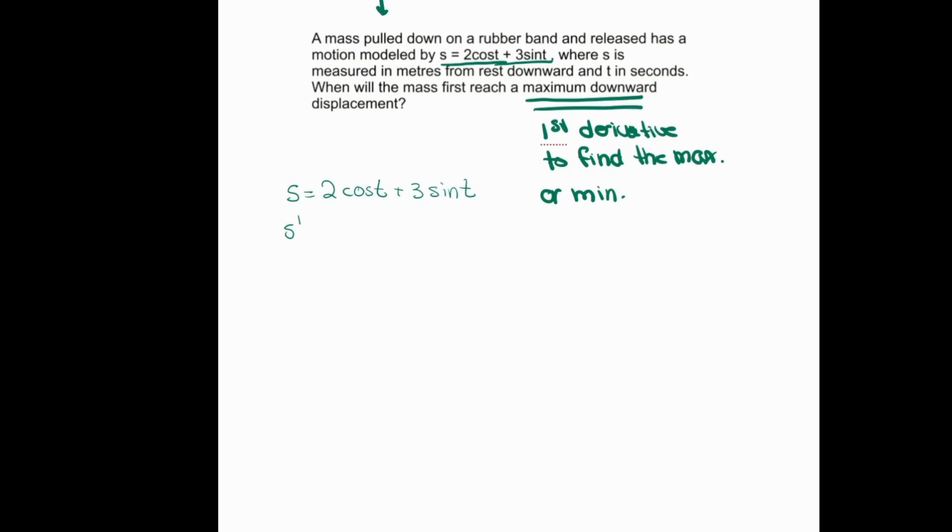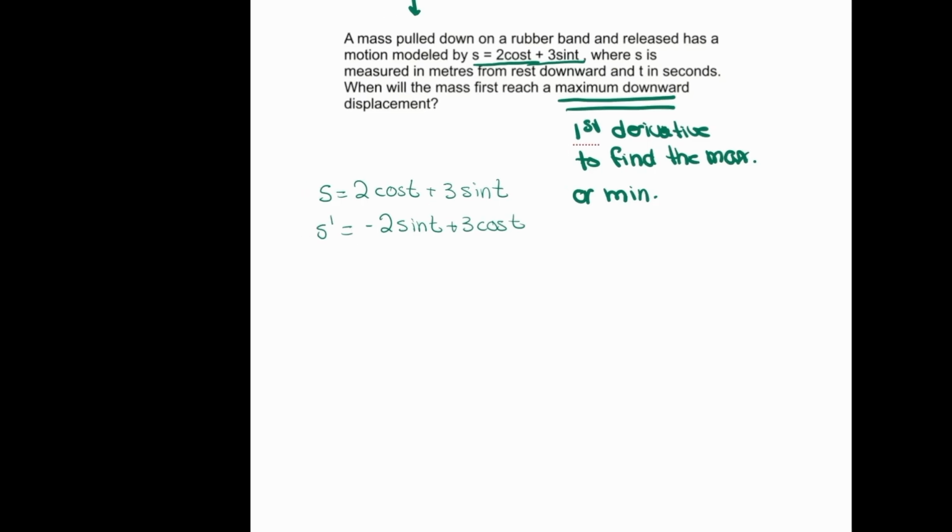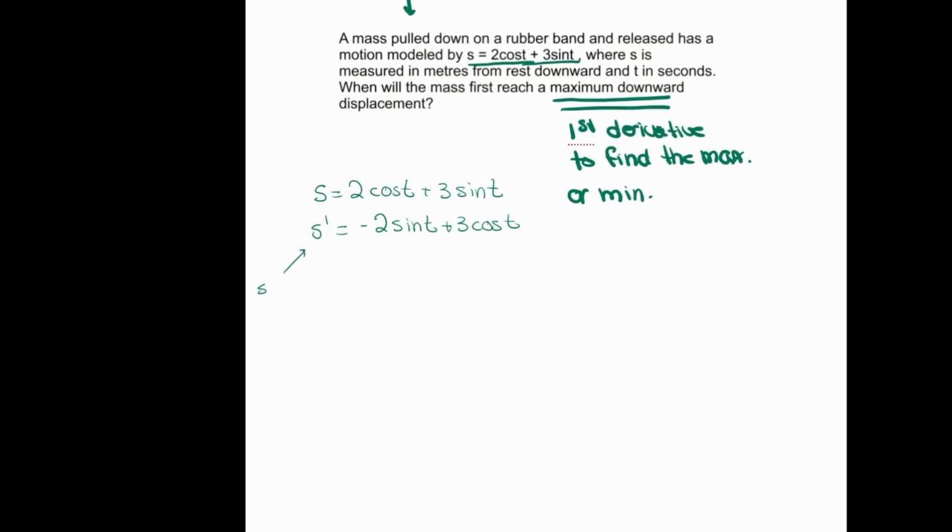The first derivative of 2 cosine t plus 3 sine t will be negative 2 sine t plus 3 cosine t. The derivative of cosine is negative sine, the derivative of sine is cosine. So there's our first derivative. We set it equal to 0 to find the critical points.